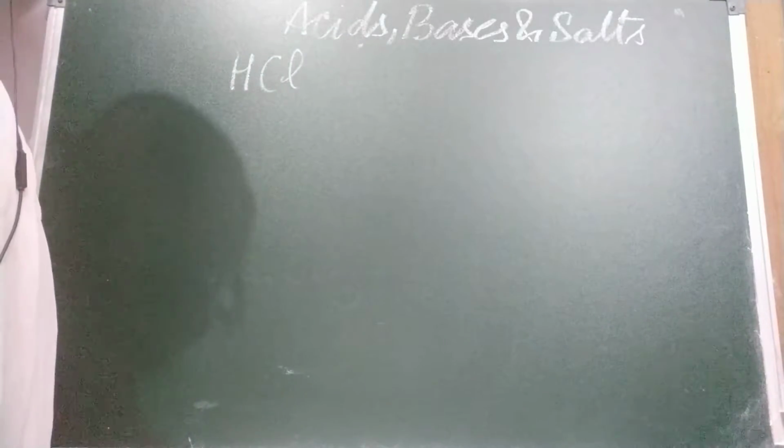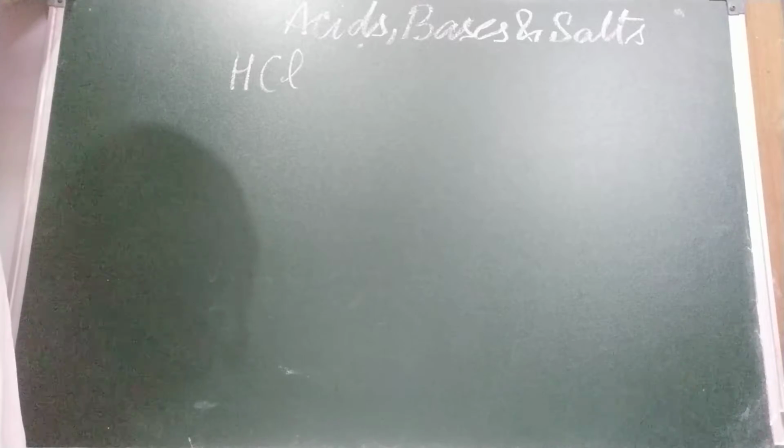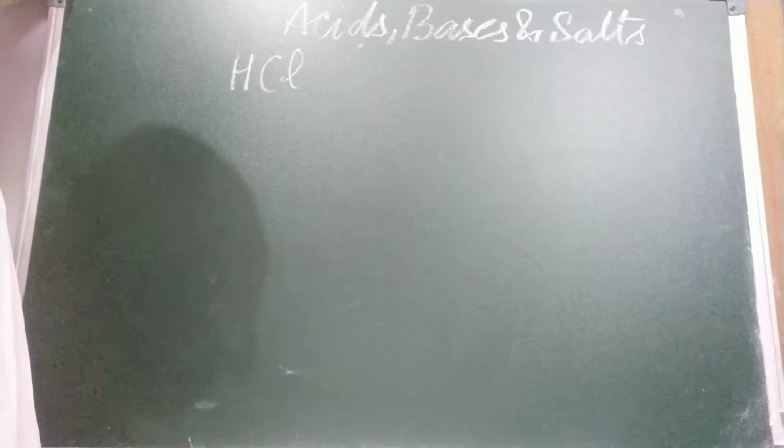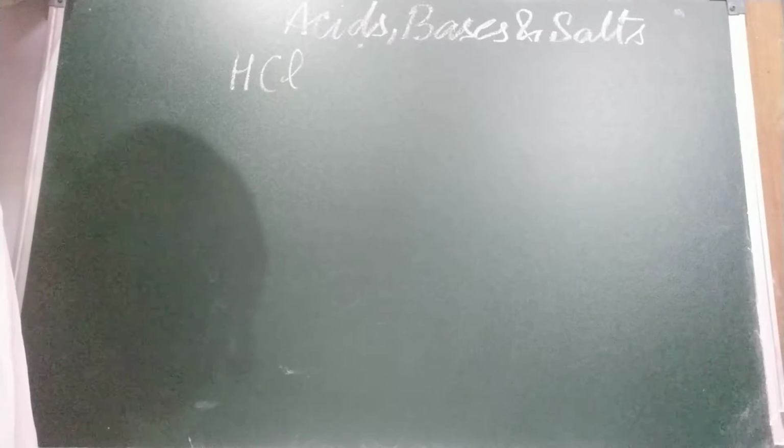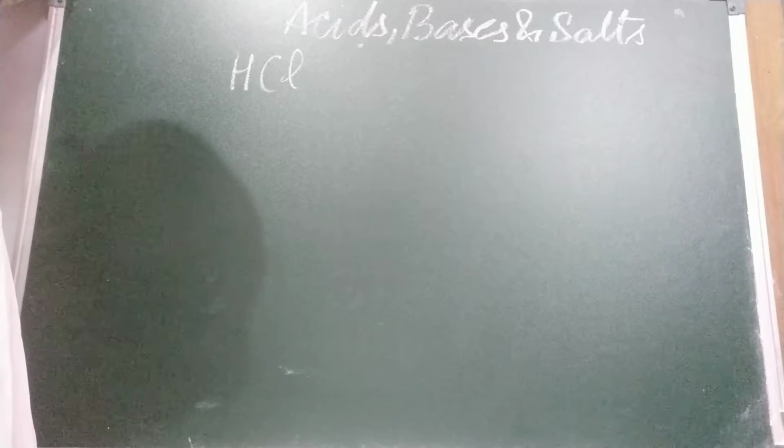Now uses of acid. First we are going to discuss hydrochloric acid. It is used in the oil industry to dissolve oil-bearing rocks. It is used to purify salts and to remove scales that deposit in boilers. In various industries, this process is known as descaling. And to make aqua regia.